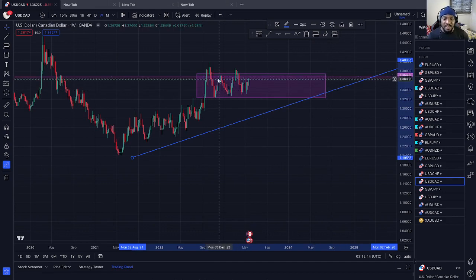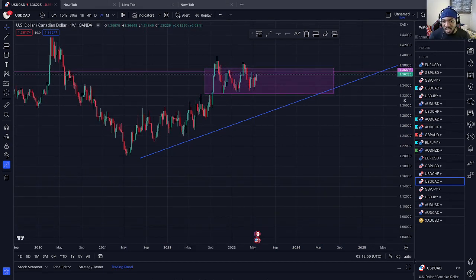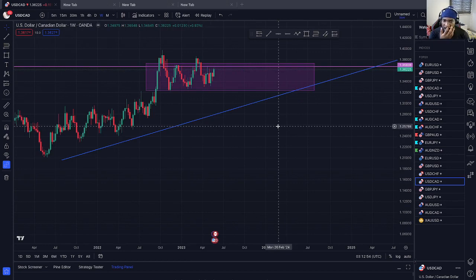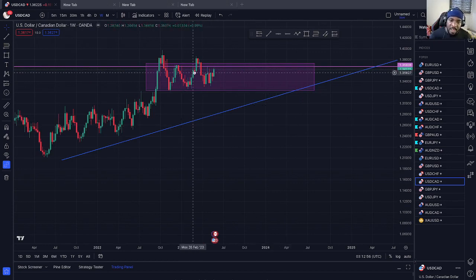So you could see that price has been respecting this line of sensitivity, and then we're having multiple touches on this line. And then what we see here is that price broke through this line, came down, and created a lower low around here, which makes me think that price will actually go down.